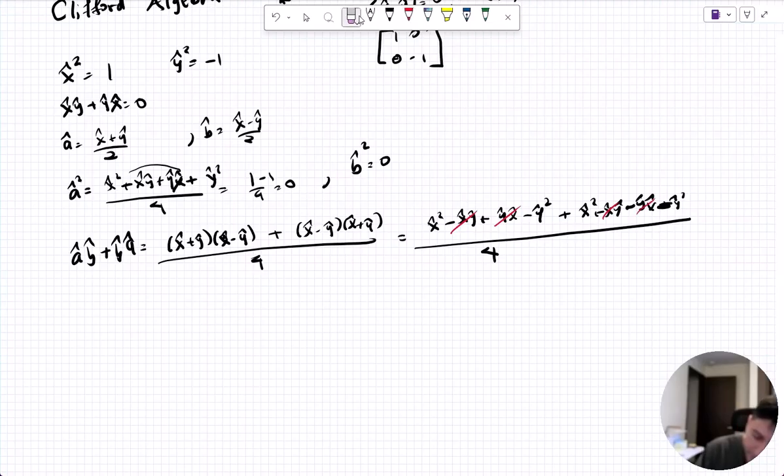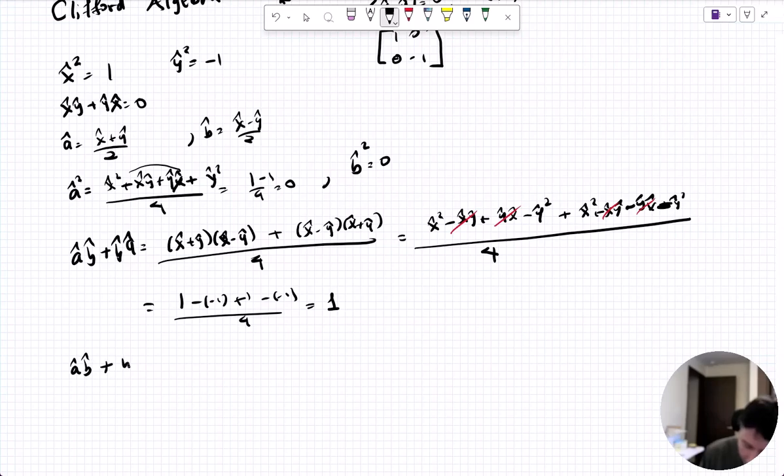And not only that, right? I get 1 minus minus 1, that's the y squared, plus 1 minus minus 1, divided by 4, which everything ends up being 1. So kaboom, right? We get the following relationship: A hat B hat plus B hat A hat is equal to 1.